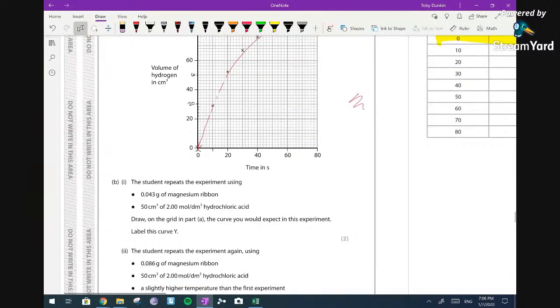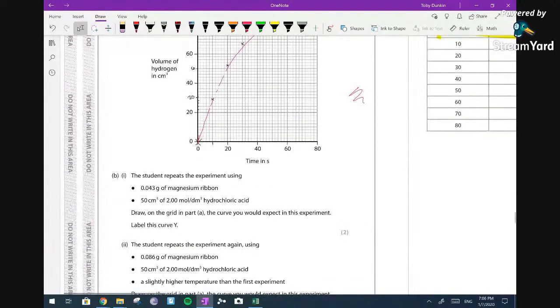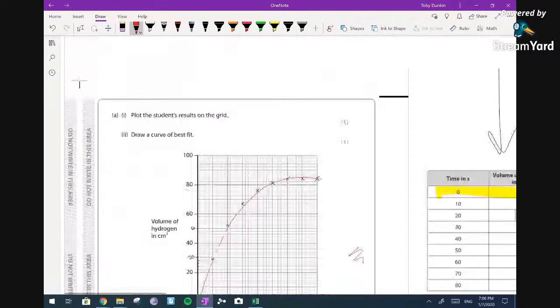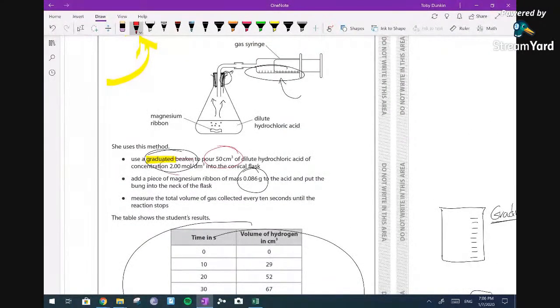Okay, next. The student now repeats the experiment using, oh look, he has halved the amount of magnesium, but he has kept the hydrochloric acid the same. So the hydrochloric acid is still in massive excess, but he has halved the amount of magnesium.